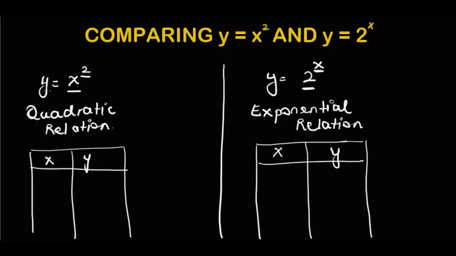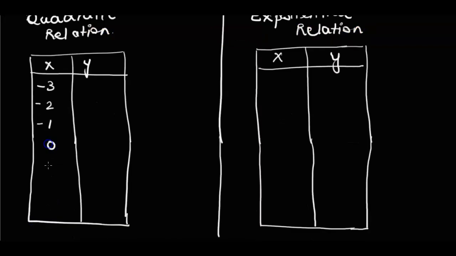So here y is equal to the square of x, whereas in the exponential relation y is equal to 2 to the power of x. We will take x values from -3 to 3 just to have sufficient values in the table to compare them. So we take x as -3, -2, -1, 0, 1, 2, 3. Here also we'll put x as -3, -2, -1, 0, 1, 2, and 3.